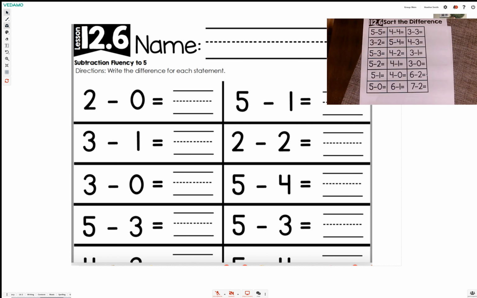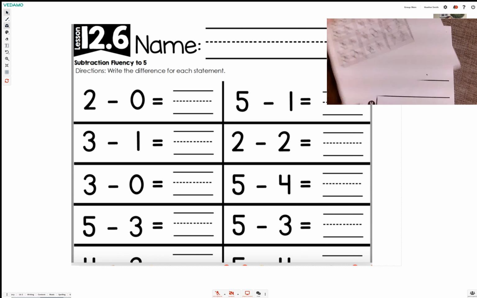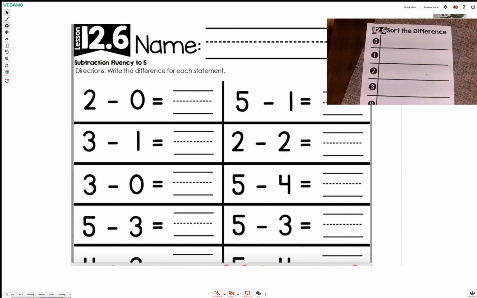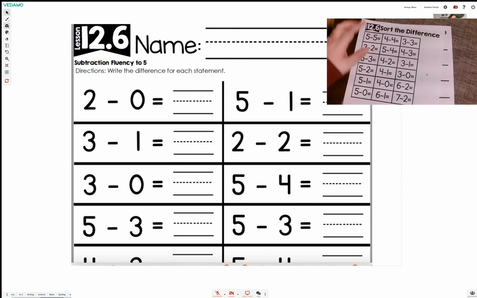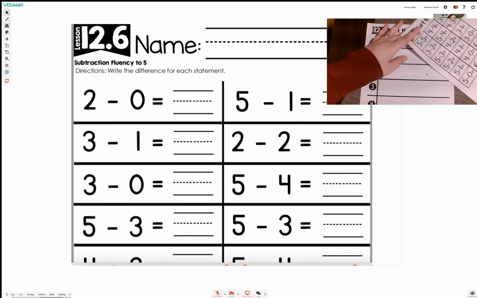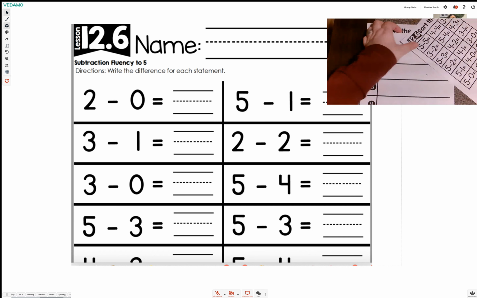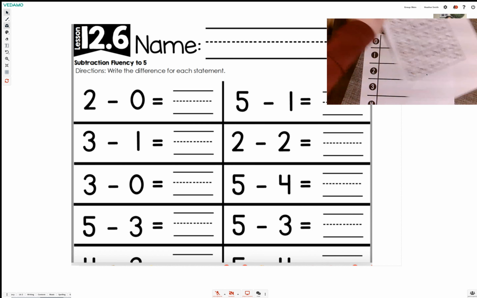I am only doing it with kindergarten because I am going to do it on the camera, so they're going to help me do it. And it's just cutting and then putting it where they go on there. So 5 take away 5, how many is left? 0. So you would put it in the 0 spot. So I'm just doing this as a whole group lesson. They do not have this paper.